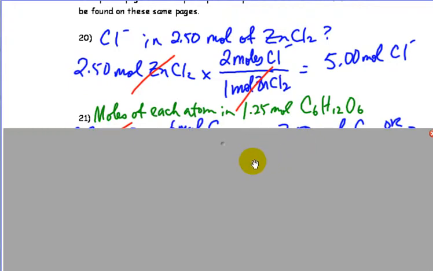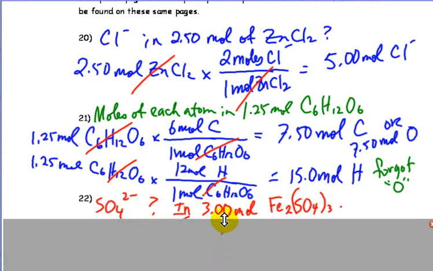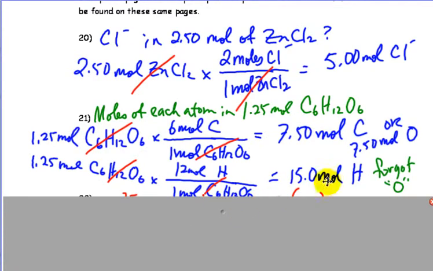Moles of each atom in 1.25 moles of C6H12O6. You can see in 1 mole of that I have 6 moles of carbon, 12 moles of H, 6 moles of O. Nothing too crazy or wild there. I think I forgot to do O there, but you get the general idea after doing carbon and hydrogen.